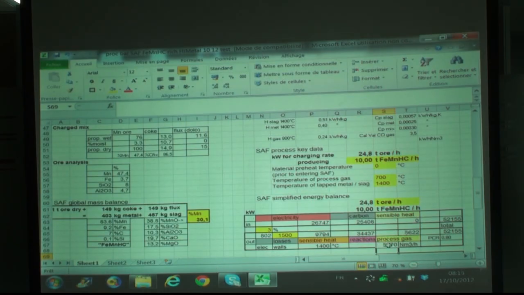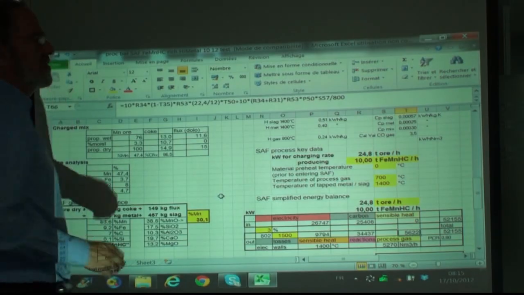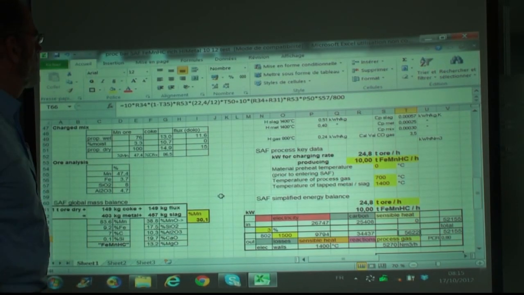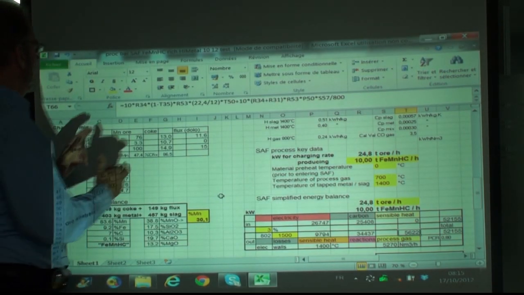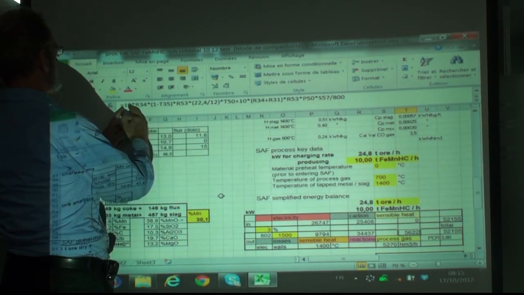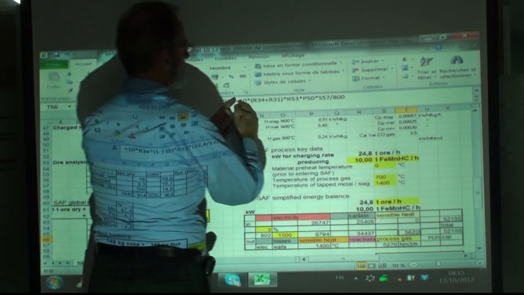Okay, so this is the amount, and here this is two things. This is the heat content of the process gas, that is of the CO and CO2 leaving. It has two parts, this term and this term.